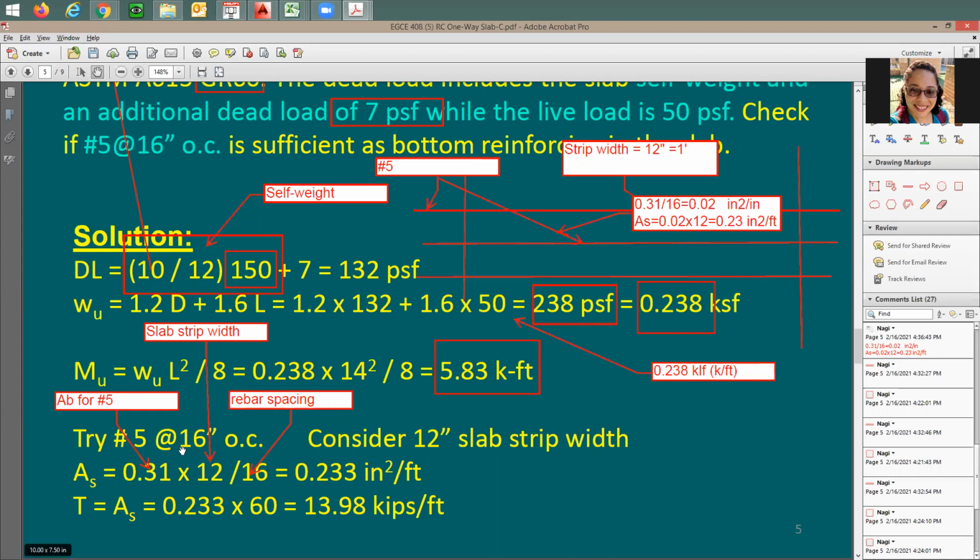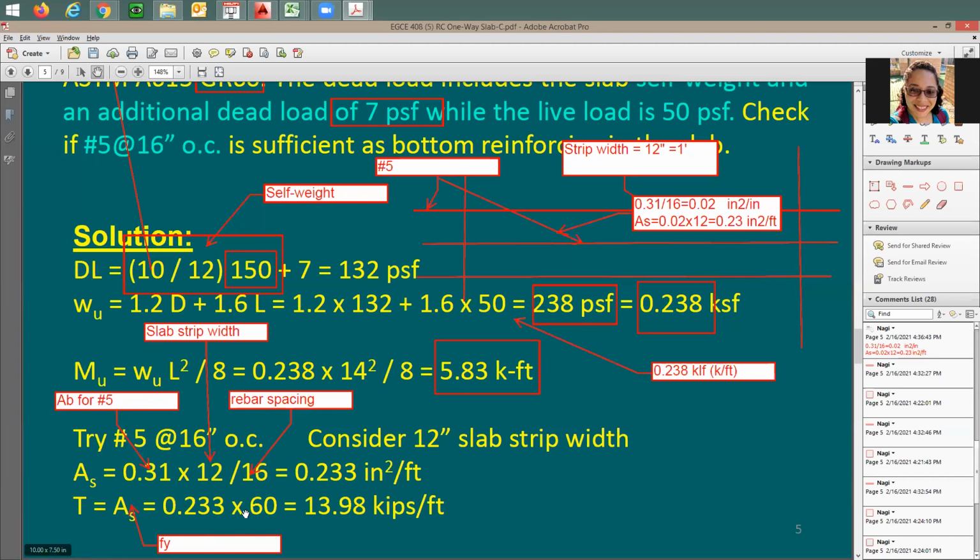Now, once I have this, I'm going to treat it as a simple rectangular section. I'm going to assume here that the steel is yielding. Here tension equals AS times Fy, which is missing here as a symbol, F sub y. So T does not equal AS, it's just missing.